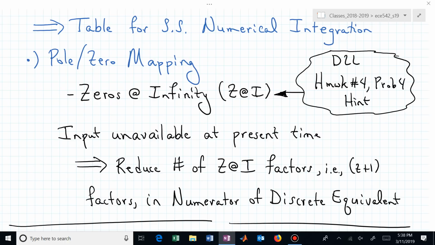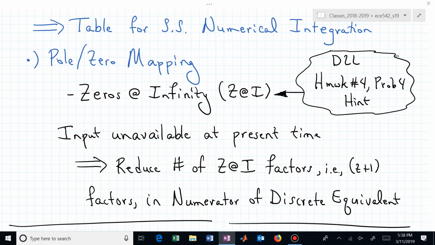But the zeros at infinity, those are fixed or determined by the transfer function in the S-plane. We find out the number of zeros at infinity from the S-domain description of our system, and then how we use that information depends on us. What I want you to leave the semester with is, you don't always have to have this many zeros at infinity.